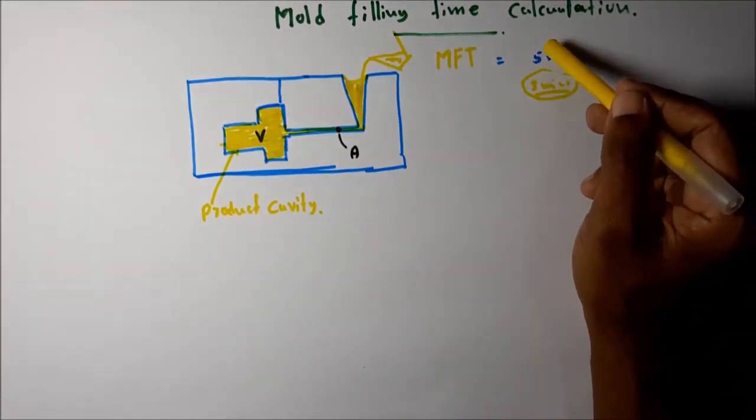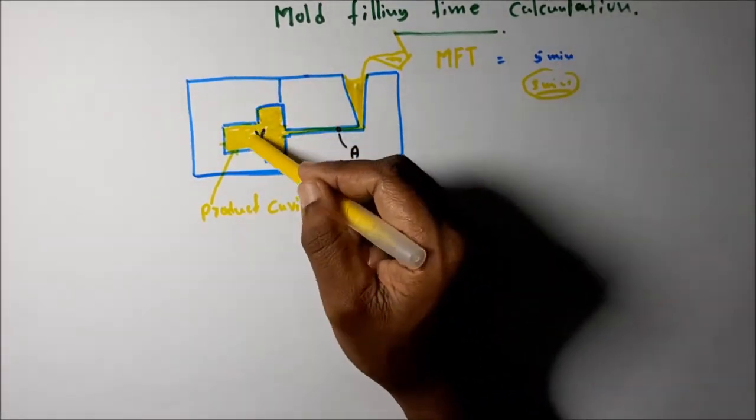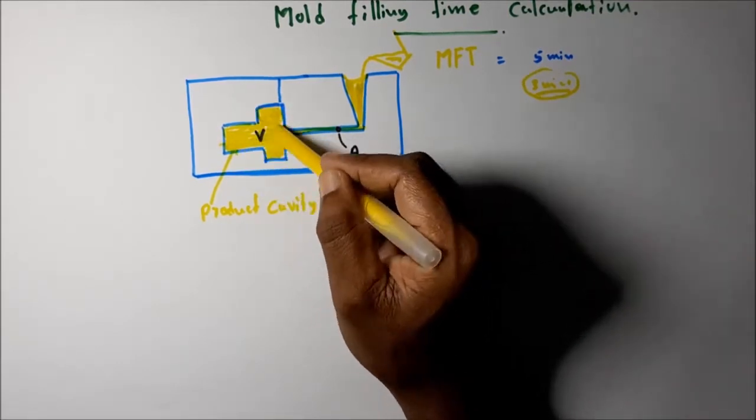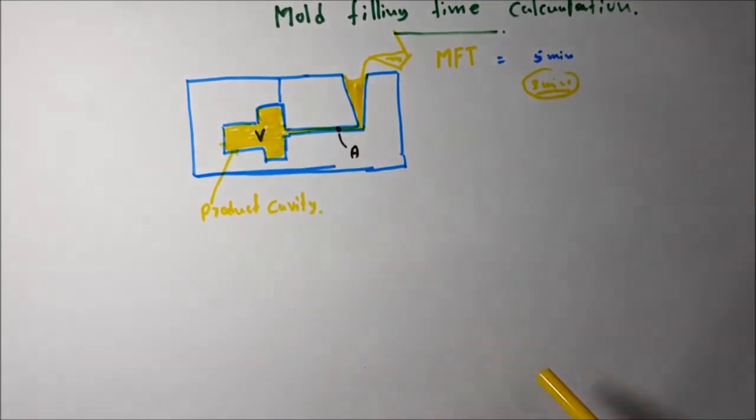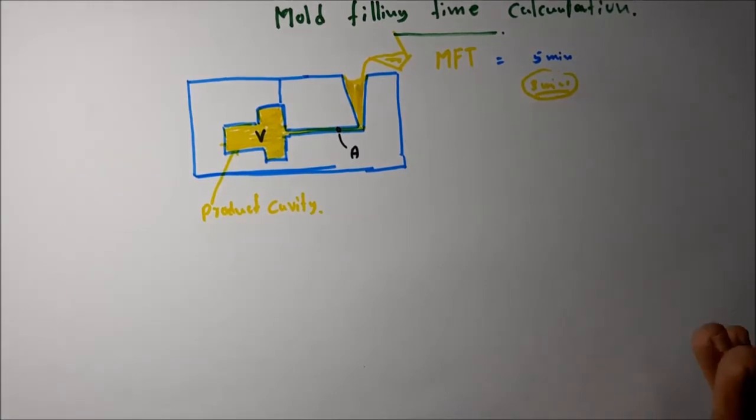If it takes exactly 5 minutes, we can ensure the molten metal fills the cavity entirely. That is why the mold filling time is important. Then let's see how to calculate the mold filling time for a certain product.